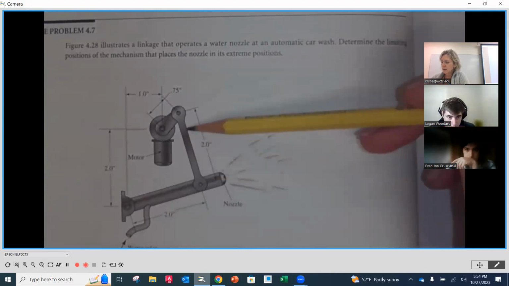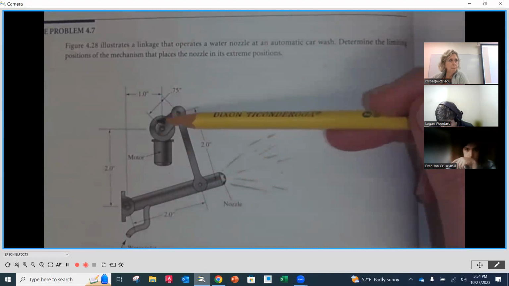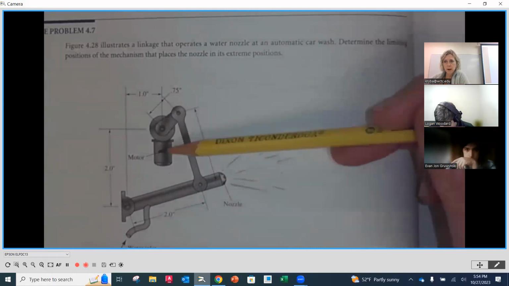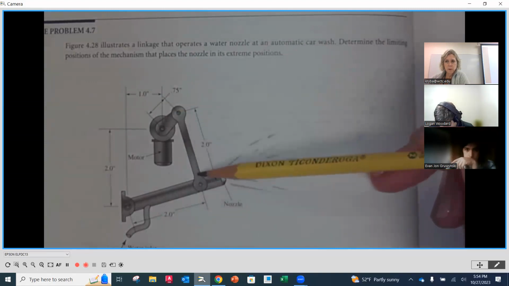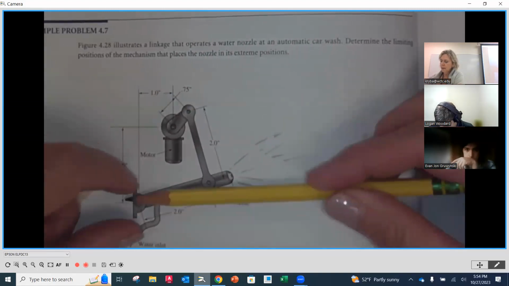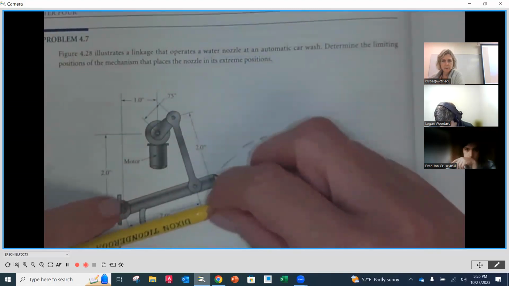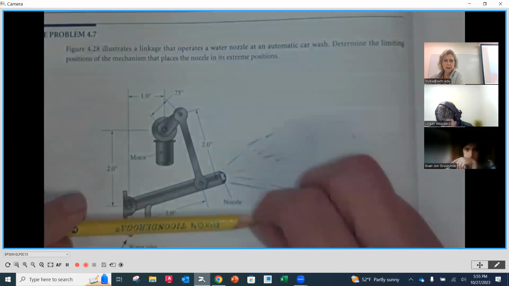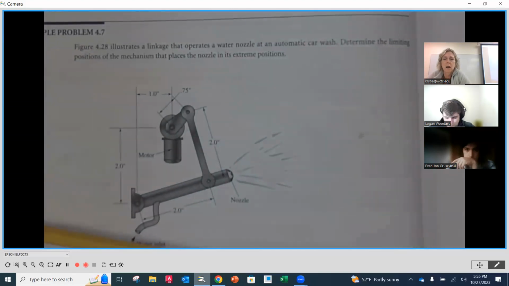And here's the connecting rod, the crank, and then here's the motor, okay? So as this motor goes around and around, this connecting rod is going to move up and down, right? And then this nozzle is going to oscillate on this center right here, and it's going to kind of sweep, if you would. And it's going to then spray out the water in a car wash.